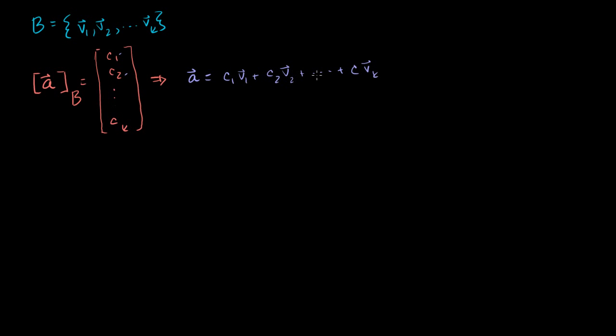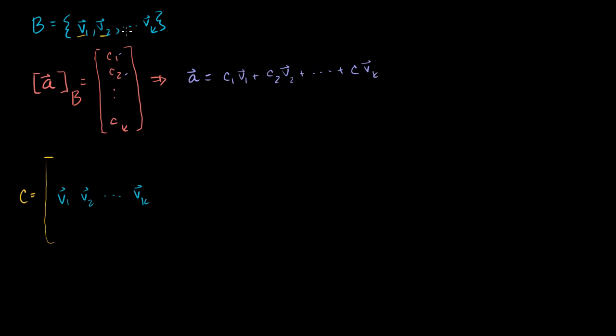Now, another way to write this is, let me write it this way. If I had a matrix where the column vectors were the basis vectors of B, so let me say I have some matrix C that looks like this, where its column vectors are just these basis vectors: v1, v2, all the way to vk.